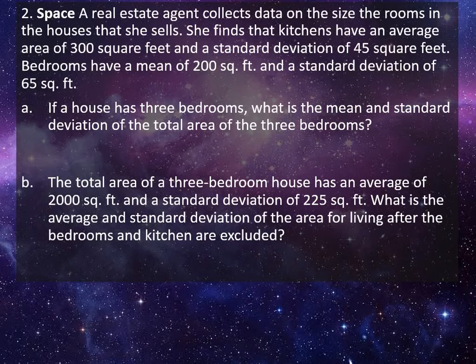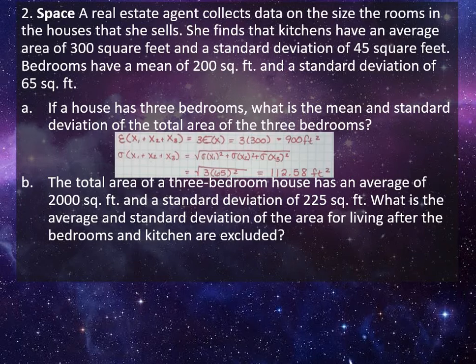I mean, in most cases they're not. Right? We're all right with that? Okay? So when we calculate the expected value on that, mine is wrong because I grabbed the wrong number. It should be 3 times 200. The expected value should have been 600 square feet. My standard deviation, however, is correct. 112.58 square feet, or feet squared.